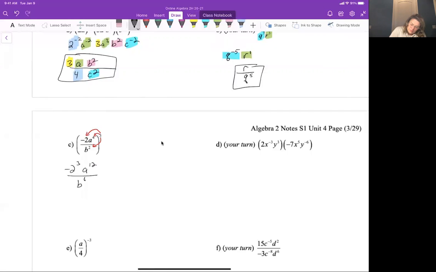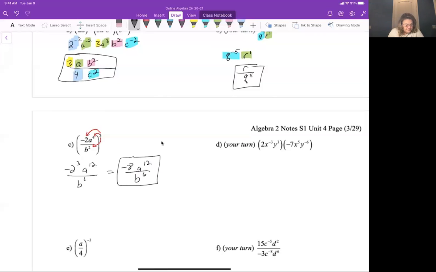Negative 2 to the 3rd power would be negative 8. So negative 2 times negative 2 times negative 2. I have 3 of them. And the rest is simplified already.